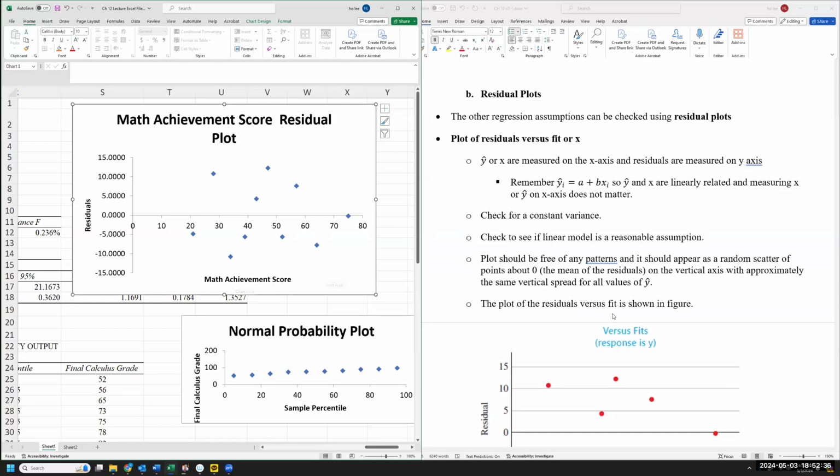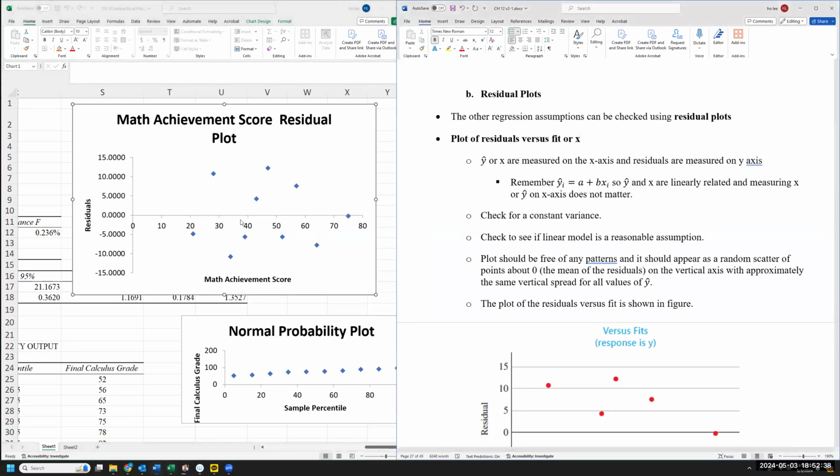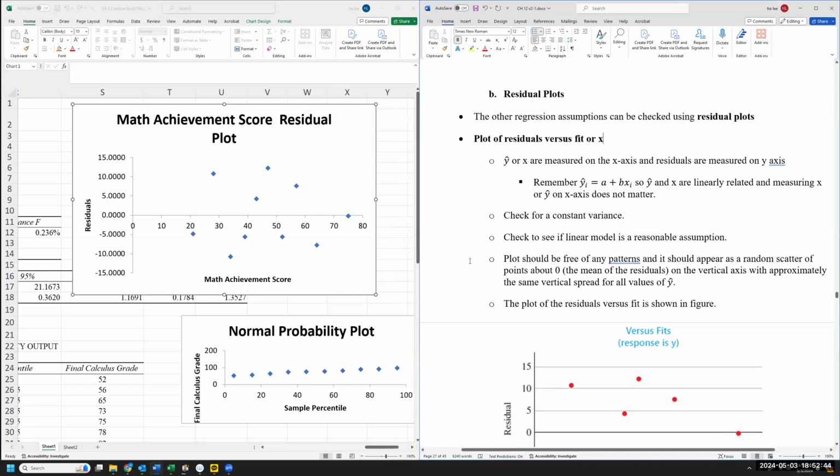So fitted y for the book, and Excel uses x, but it's the same information, so don't worry about it. Basically, it's not what's presented in the x-axis that really matters. It's the shape of this, and really there's no difference.